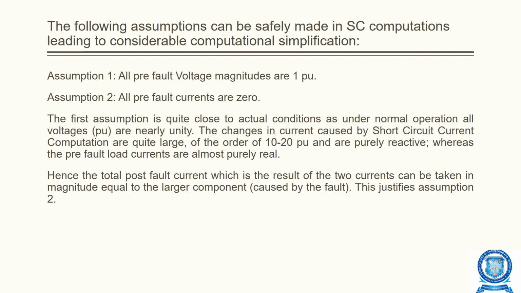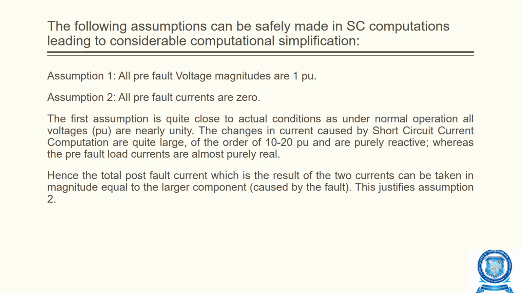The change in current caused by short circuit is quite large, in the order of 10 to 20 per unit, and purely reactive, whereas the pre-fault load current is almost purely real. Hence, the total post-fault current, which is the resultant of two currents, can be taken as having magnitude equal to the larger component. This justifies assumption 2.